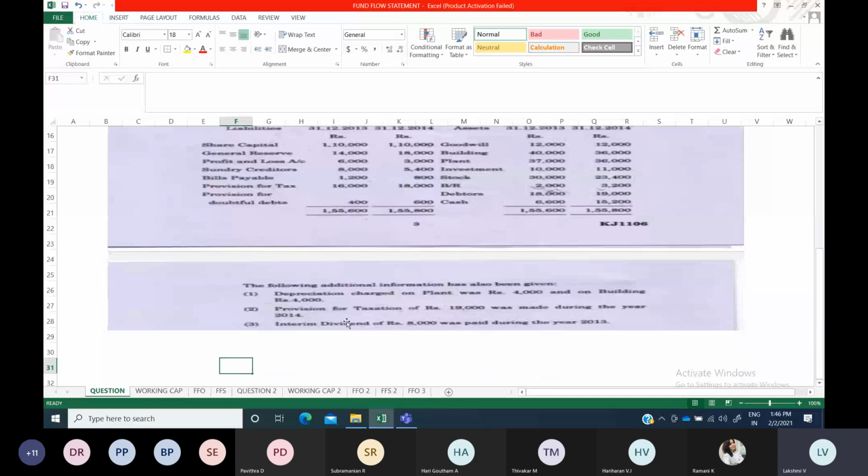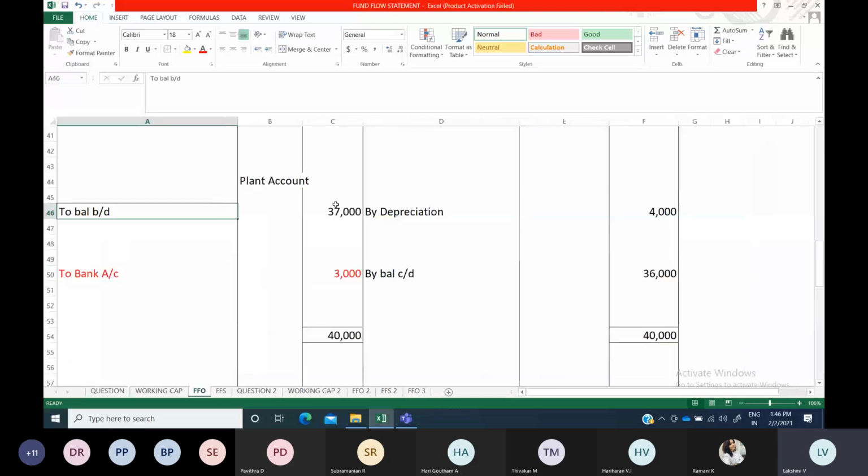You have to prepare the plant account and put the opening balance on this side and closing balance on this side. Whenever you get depreciation in your question, you have to prepare this account and find out whether they have purchased or sold out.